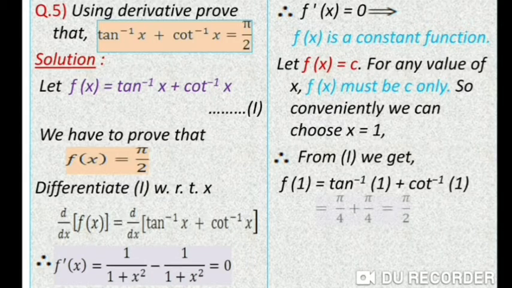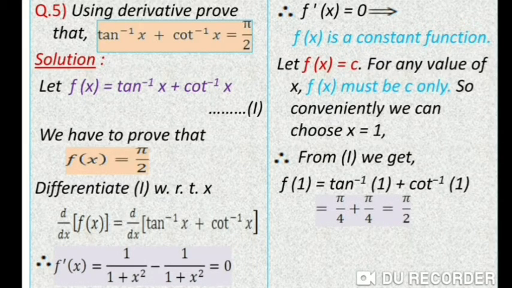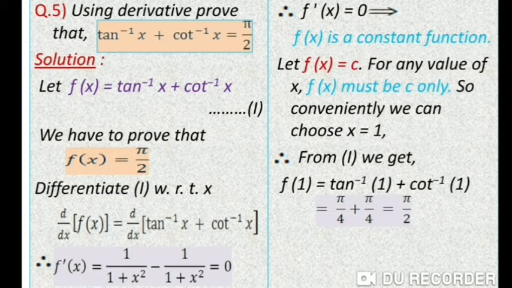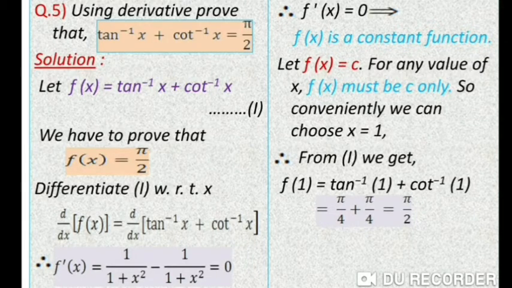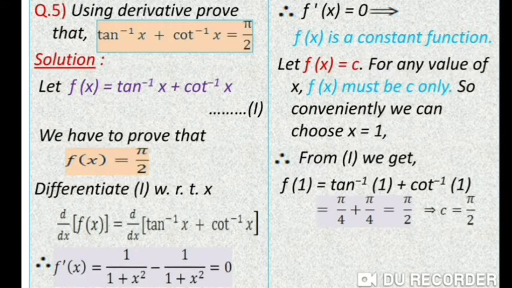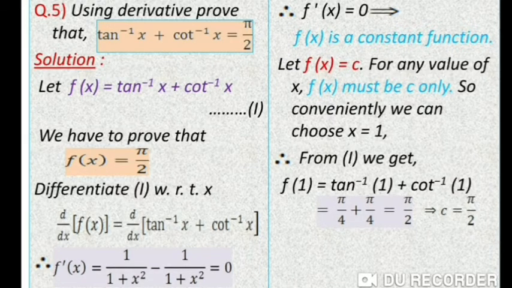Tan inverse of 1 equals pi by 4, and cot inverse of 1 is also pi by 4, so the sum is pi by 2. That means f of 1 is equal to pi by 2, and therefore c equals pi by 2, because that is our right hand side.